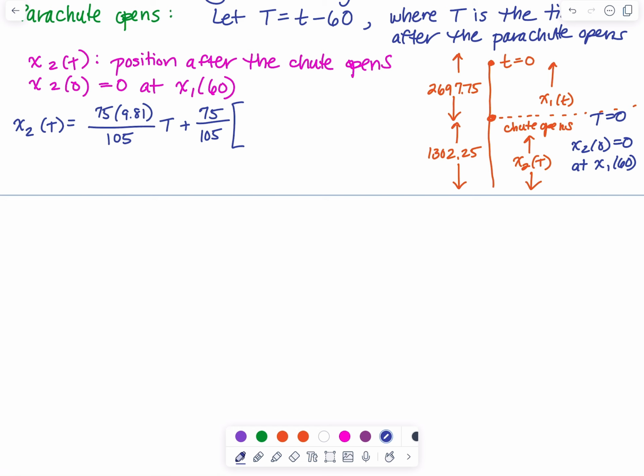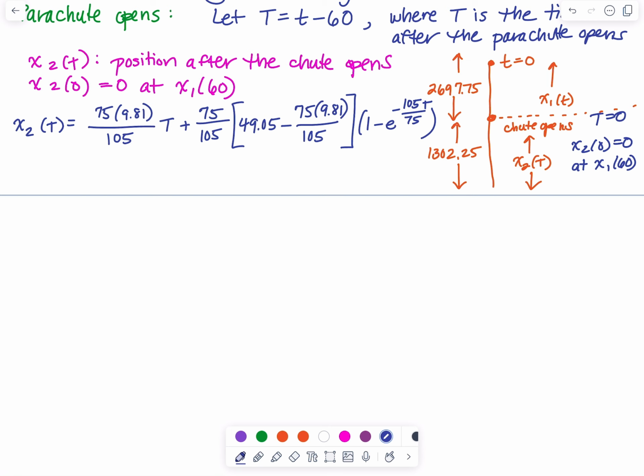And here now we have our velocity right after the parachute opens of 49.05 minus 75 multiplied by 9.81 divided by 105, and we have that multiplied by 1 minus e to the negative 105 t over 75.